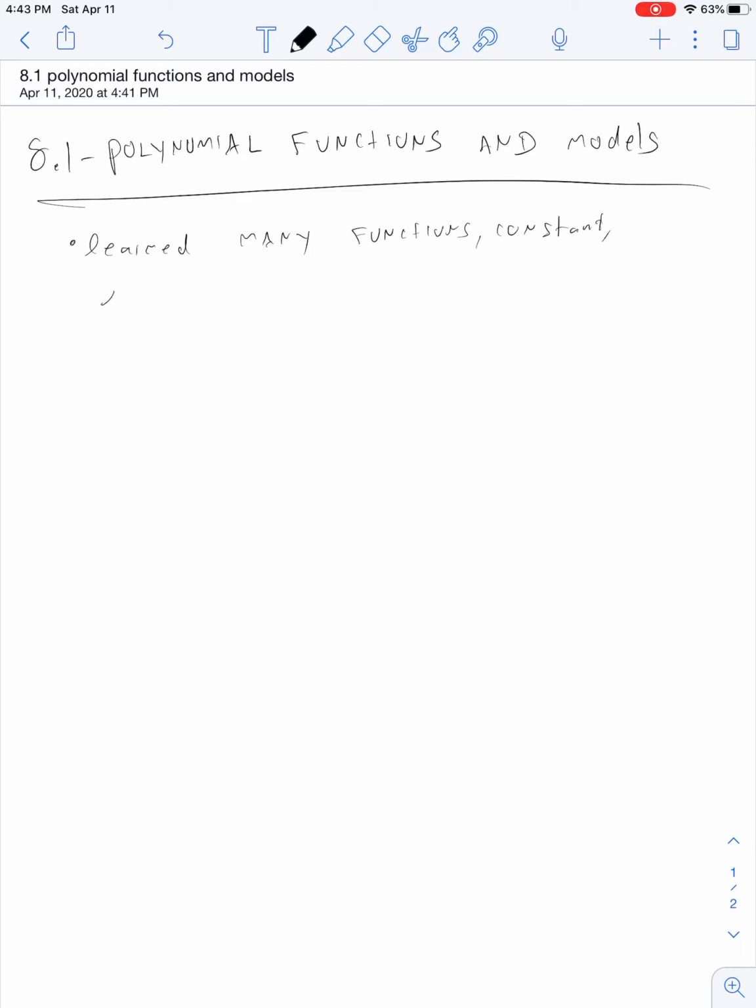We should know what a constant function looks like, a linear one, even a quadratic one. We talked about polynomial functions as well.